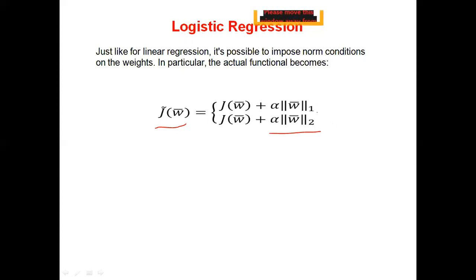This works like the regularization technique we discussed in the linear regression model, by adding a penalty term and multiplying this penalty term with the weights, using either the L1 norm or L2 norm. We can update the value of W to find the optimal solution, or to reduce the loss function, to optimize our logistic regression model. I hope you are clear with this.